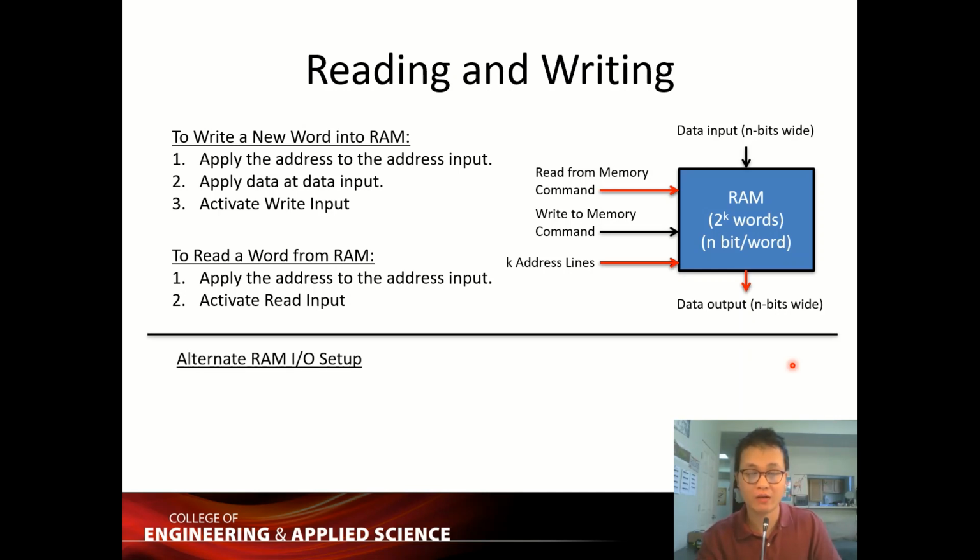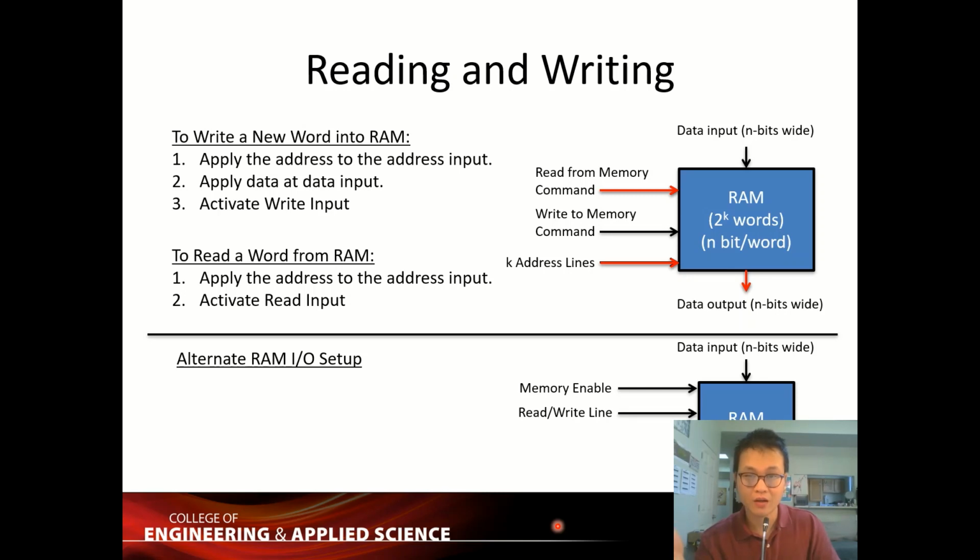So there's an alternate RAM input and output setup. Turn off this here. You can have a memory enable input instead, a read or write line, and an address. Similar structure, but now we only have a single line for read or write and an enable.